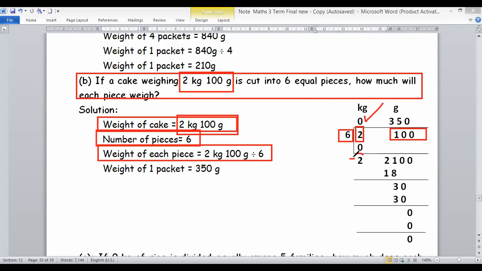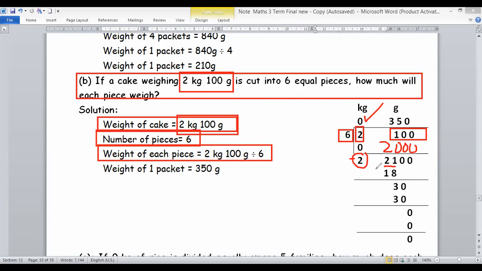And after that, you change these kilograms. We have 2 kilograms. 2 kilograms mean 2000 gram. So add these 2000 with the given grams. 2000 plus 100 is 2100 gram. So you divide 2100 gram by 6.